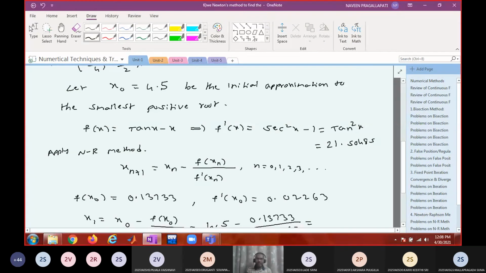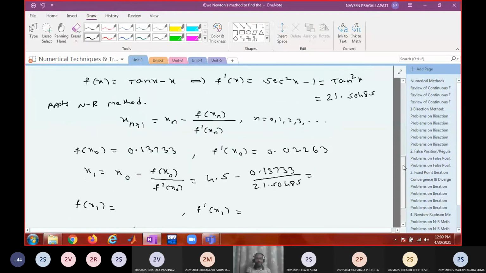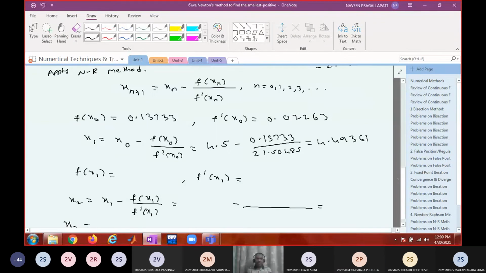Okay, so why this much deviation? 21.50485. So what is this value then? 4.49361. Compute this one.